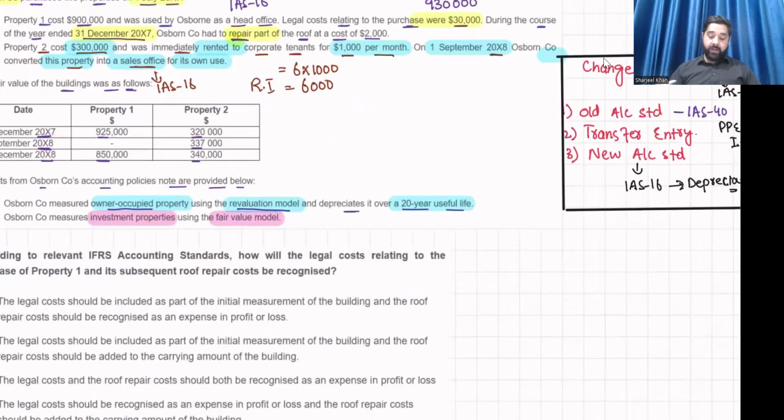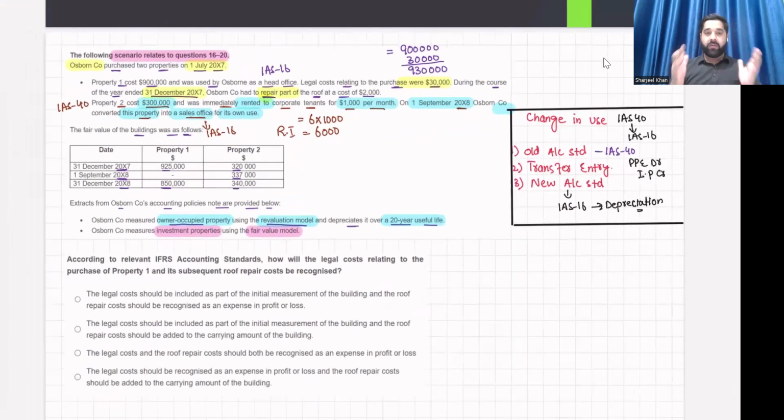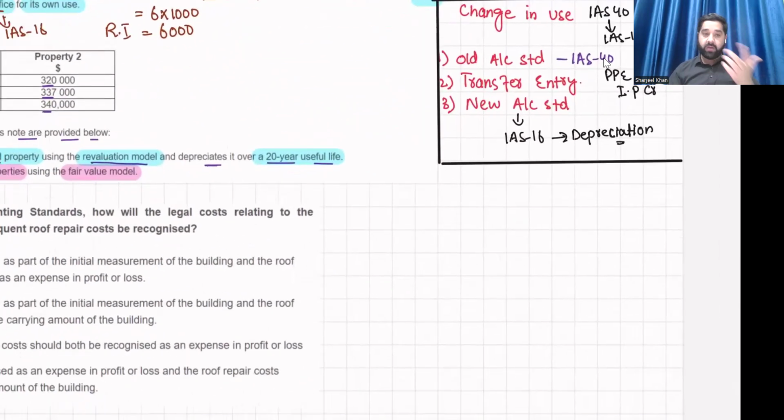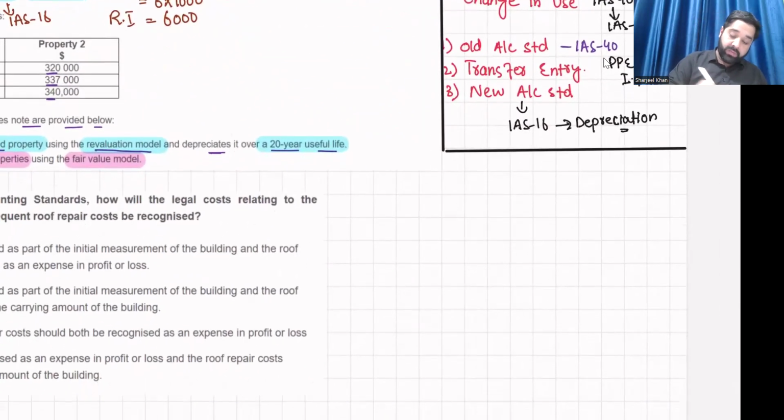Now, let me explain this background information in much more detail without reading the requirement. So let me do some extra working for property 2.